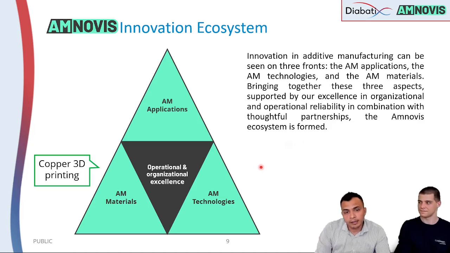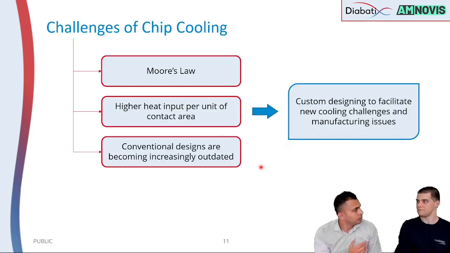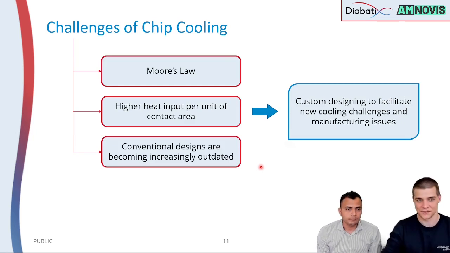And at the end, all these innovation fronts are backed by our operational and organizational excellence, wherein we try to digitize or automate processes so that we have elevated quality and reliability of the products that we manufacture. So with this, I will suggest Niels to continue.